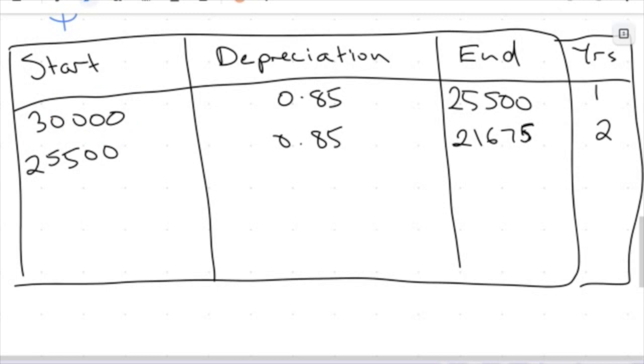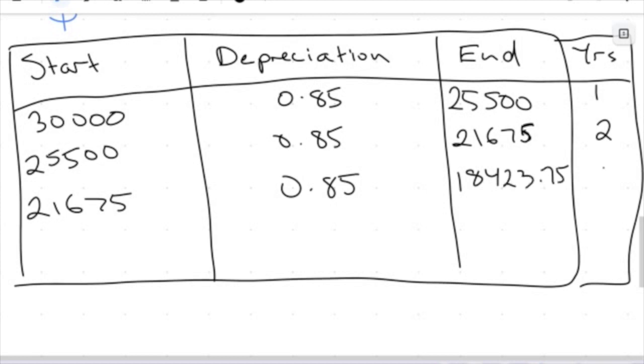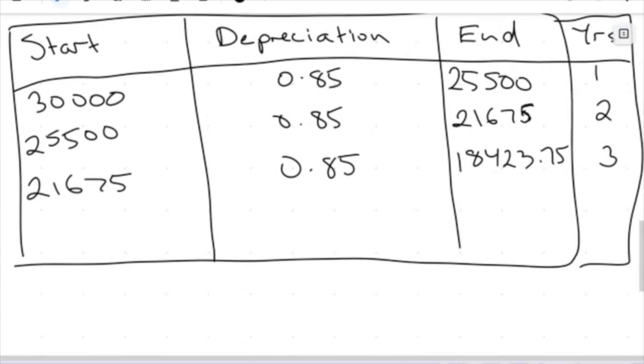I'm going to take my 21,675. I'm going to multiply it by 0.85. Now I'm starting to get some slightly messier numbers. But okay, here's what I get.